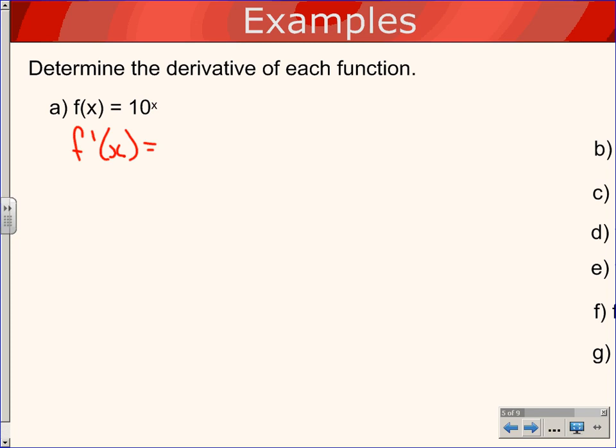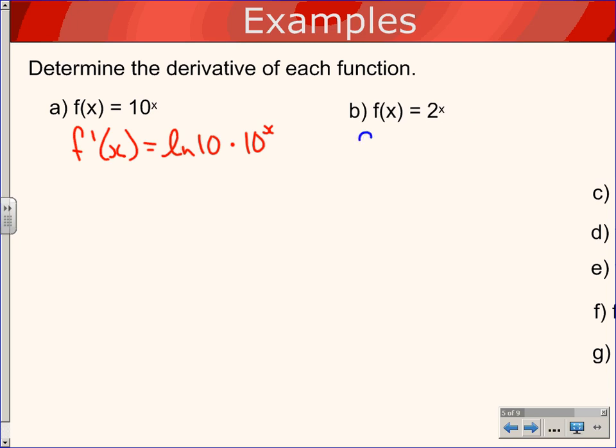The way we're supposed to do it, it's not a base of e. So it said take the ln of the base, so ln of 10, times b to the x, which in this case is just 10 to the x again. That's the derivative. Okay, so not hard, it's a quick little one, but that's the rule that we found for being able to take the derivative of an exponential function.